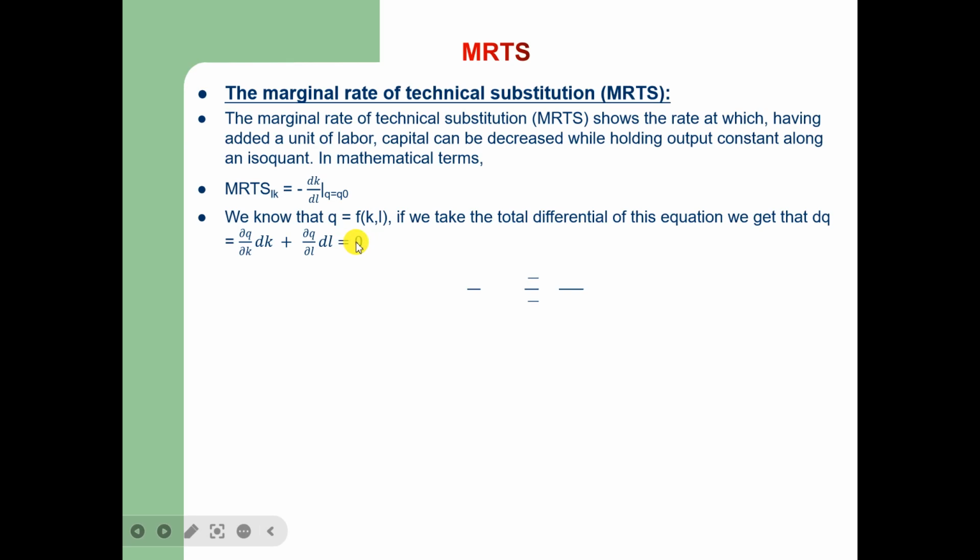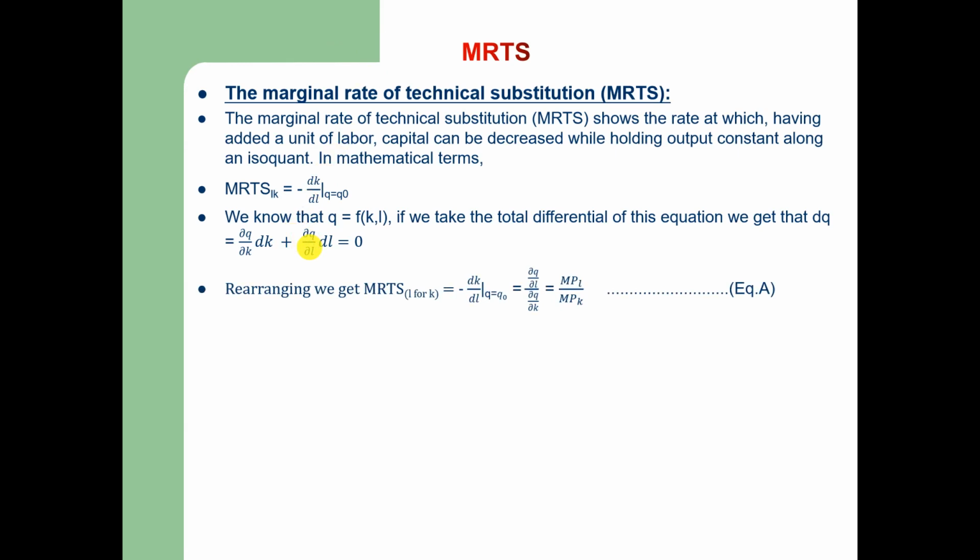So it means that if we change the amount of capital and amount of labor along the same isoquant, then the output will remain the same. Remember, partial of Q with respect to K is the marginal productivity of capital, and partial of Q with respect to L is the marginal productivity of labor.